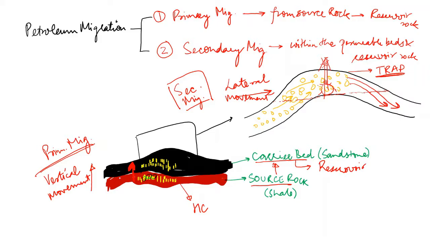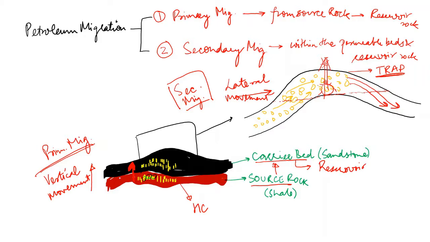So this makes the basic definition clear: petroleum migration is of two types. The primary migration is a vertical migration from the underlying source rock to the overlying reservoir rock or carrier bed, and secondary migration is a lateral migration within the permeable bed or the reservoir rock.